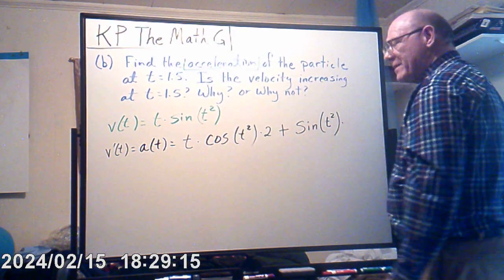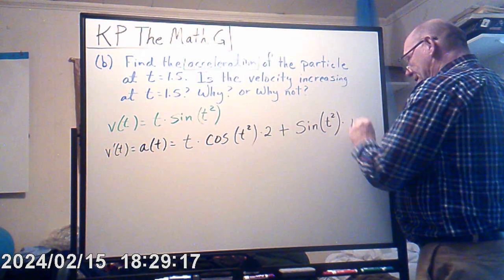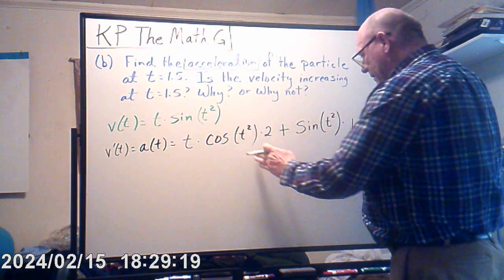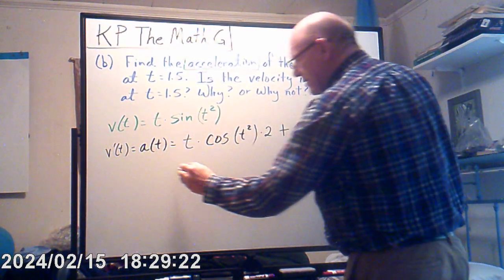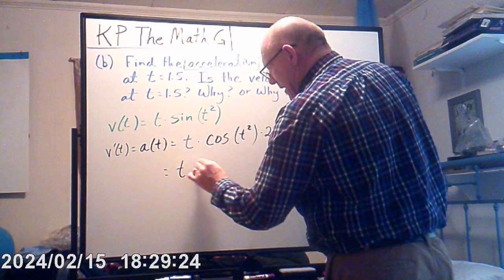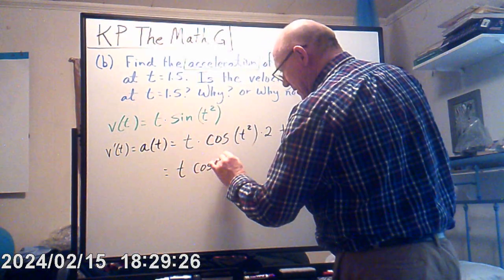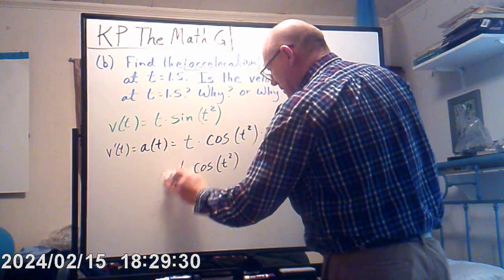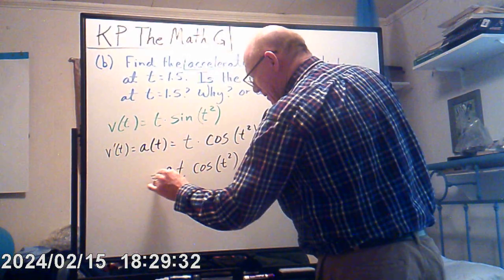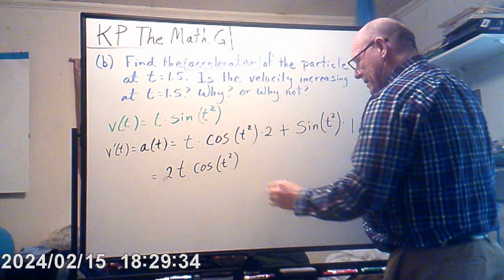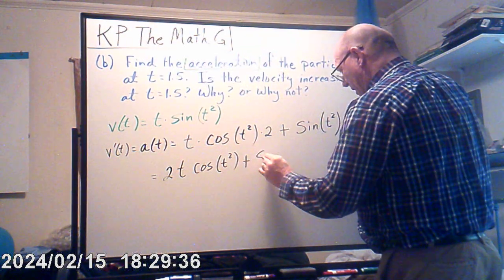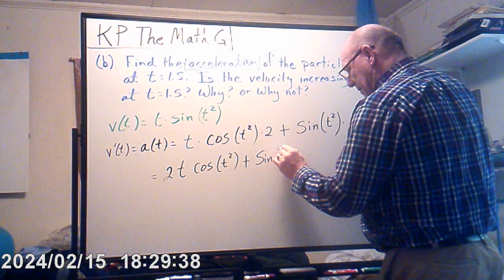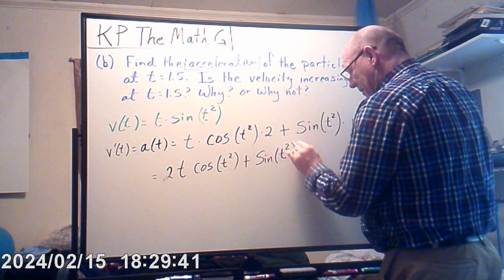The derivative of t is 1, isn't it? So let's clean this up just a little bit. t cosine of t squared, actually times 2, so 2t. Plus sine t squared.